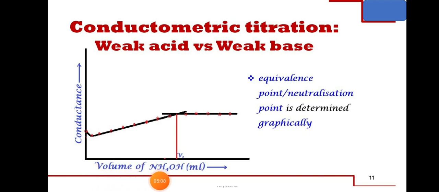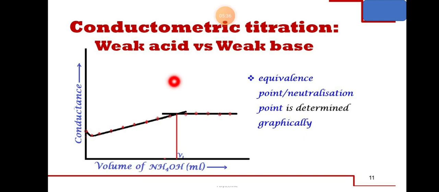But as we add ammonium hydroxide, the number of ions slowly increases, so the conductance increases, and we will observe higher conductance on the graph. But after saturation, after the neutralization point, the reading becomes stable. It will not increase the conductance.